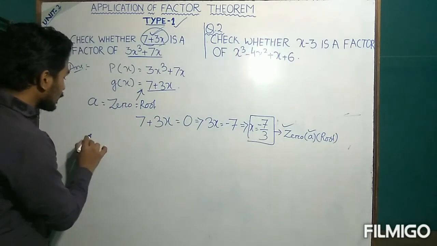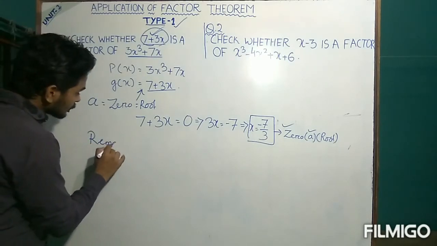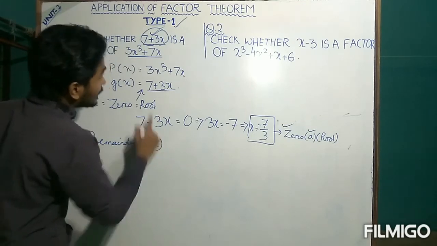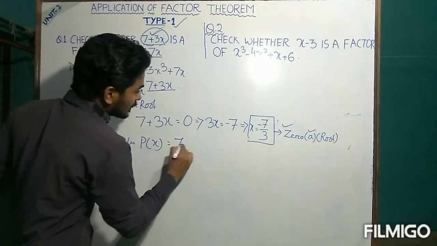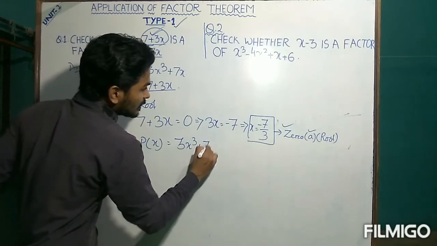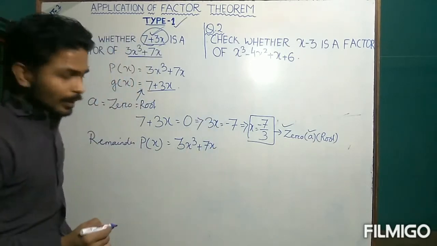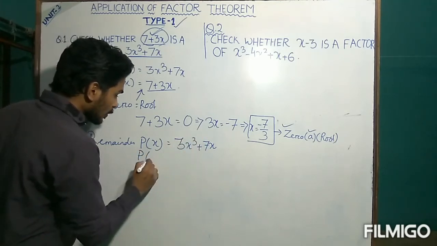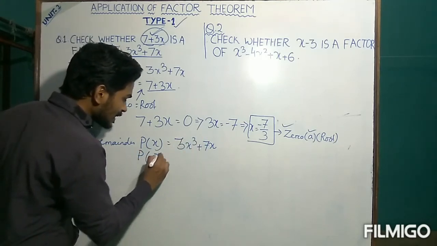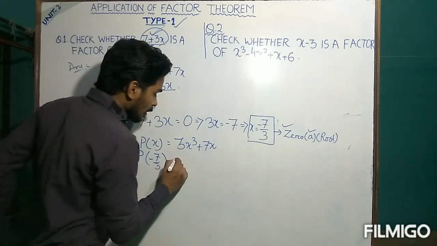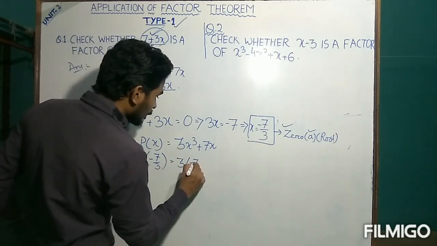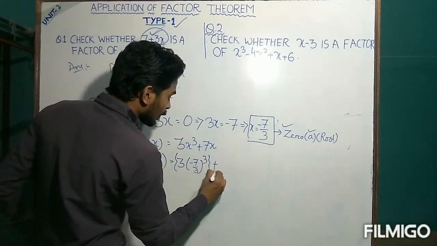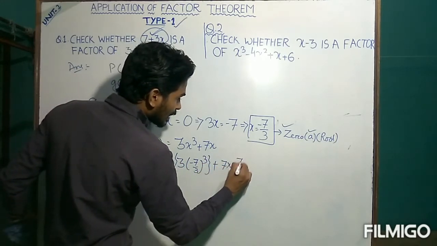Now we will find the value of the remainder. Since we have p of x is 3x cube plus 7x, now we will find the remainder. In place of x, we are going to put minus 7 by 3. So it will be 3 into (minus 7 by 3) whole cube plus 7 into minus 7 by 3.